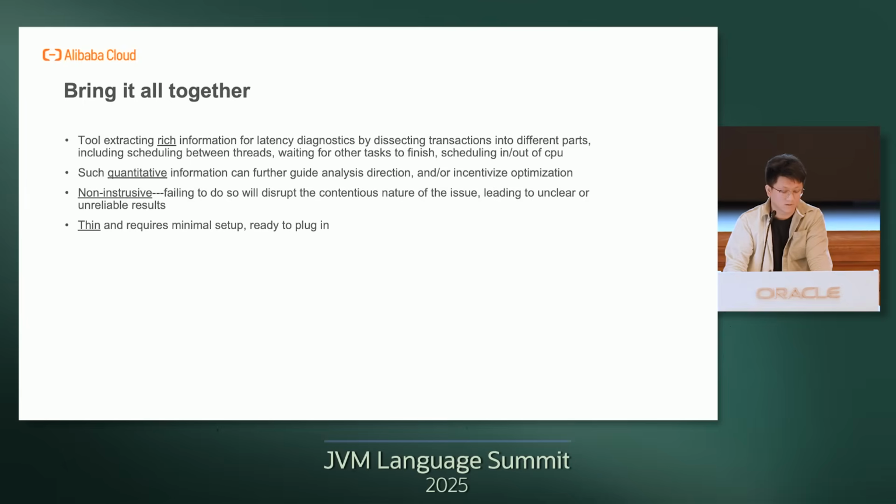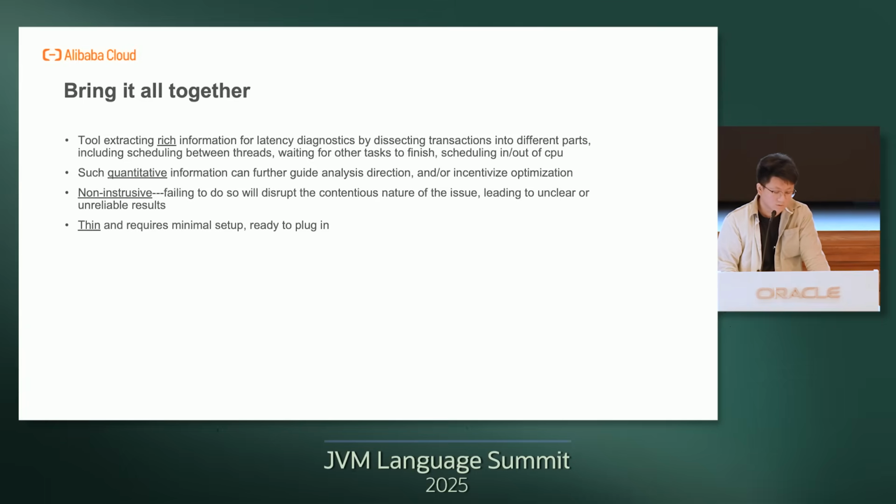So bringing it all together, the tool is extracting rich information for latency diagnostics by dissecting transactions into different parts, including scheduling between threads, waiting for other tasks to finish, and scheduling in and out of CPU.